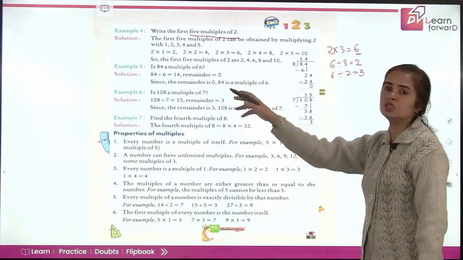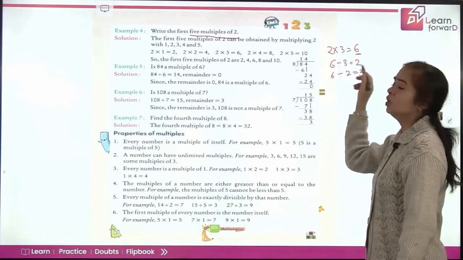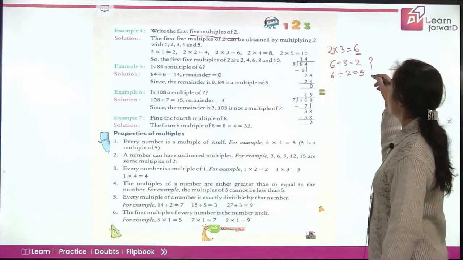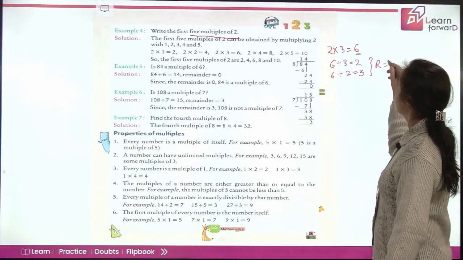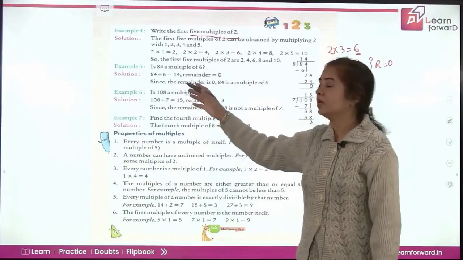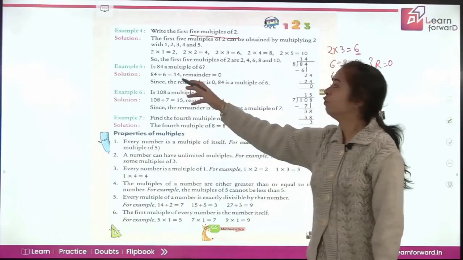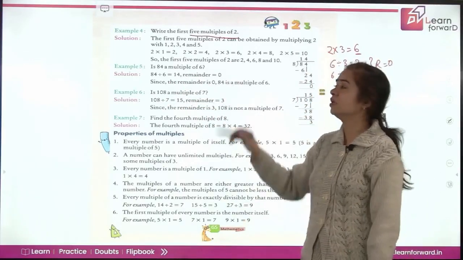So to check whether 84 is a multiple of 6 or not, you can just check whether you get the remainder 0 on division. If you get remainder 0, the number is a multiple. So let's divide 84 by 6. What do you get? 14 is the quotient and the remainder is 0.